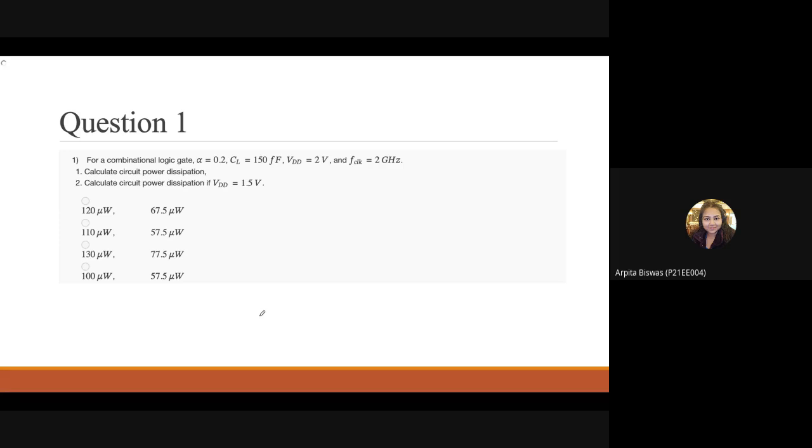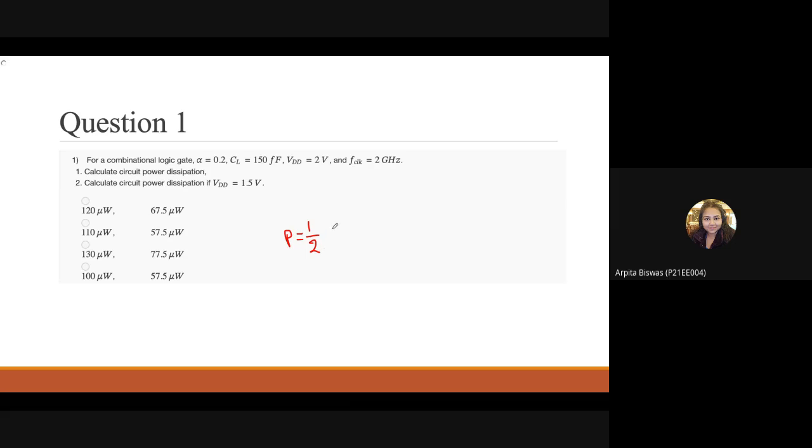So what is the right option here? At first, tell me how to calculate the power dissipation. What is the formula here, Manoj? Ma'am, P is equal to CL VDD square into F, ma'am. Okay, try with this equation. You can also recheck the equation.